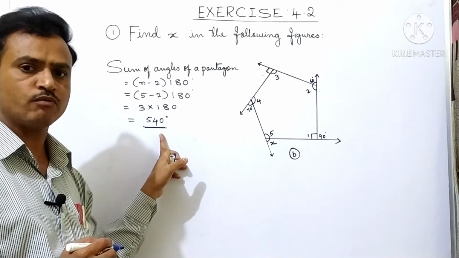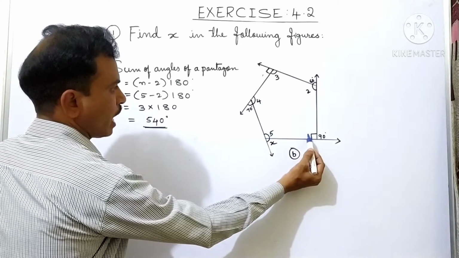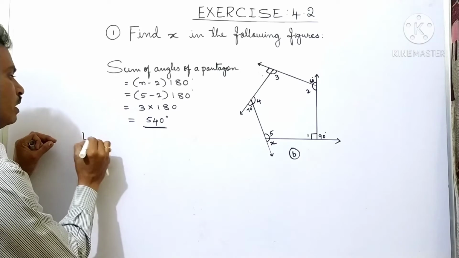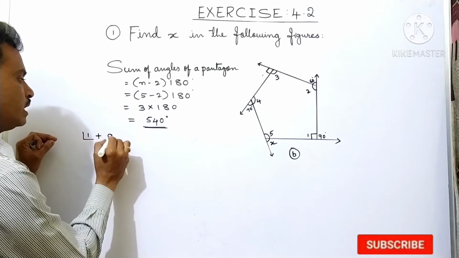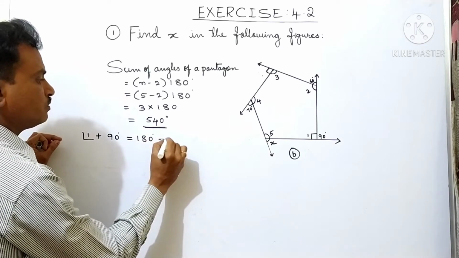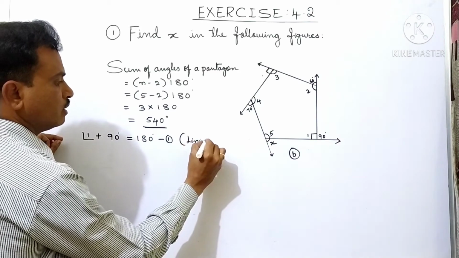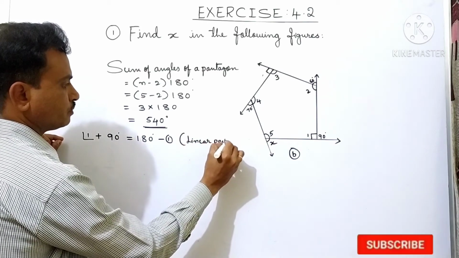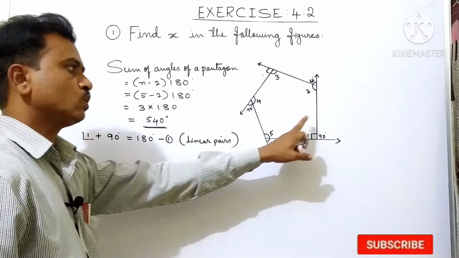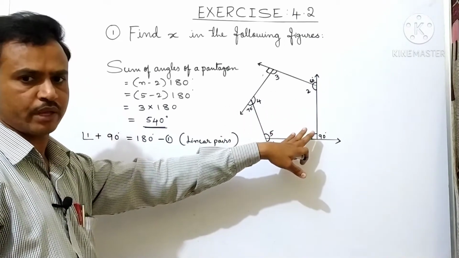Now next, what we should do, we should add these two angles, that means linear pair. So angle 1 plus 90 degree is equal to 180 degree. This is first one, linear pairs. Sum of these two adjacent angles is equal to 180 degree, or we can write it as linear pair.